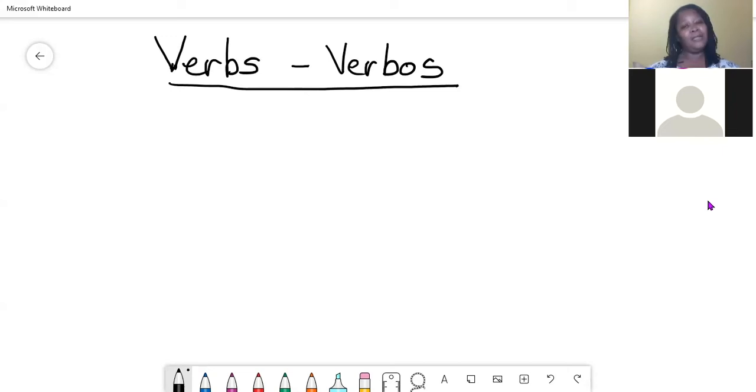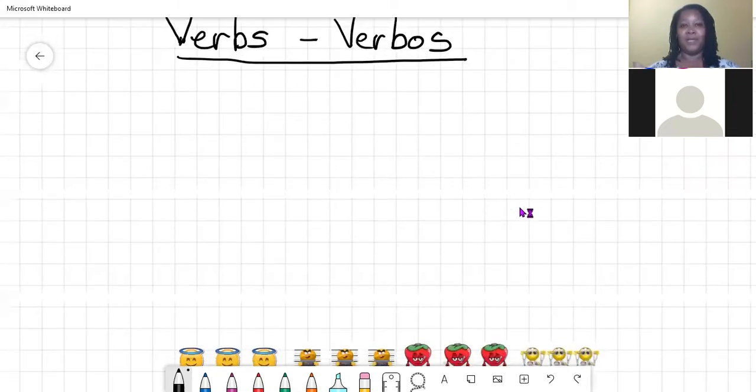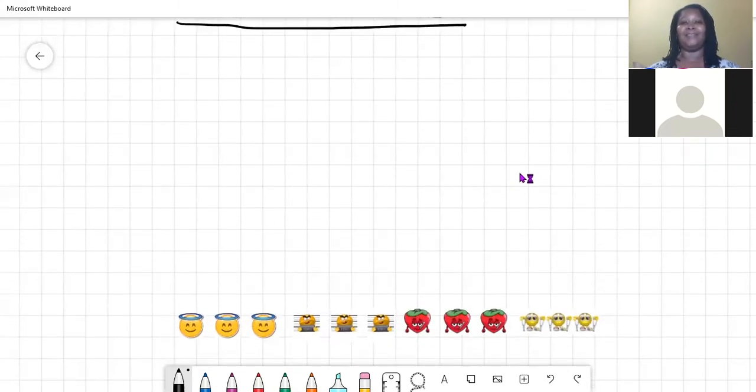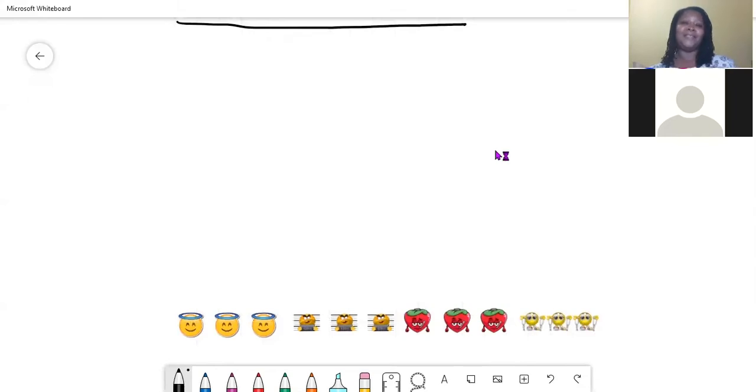But in talking to you about verbs, I want to tell you a little story. So once upon a time, in a language called Español, there was a community called verbs or verbos. In that community, there lived three families.